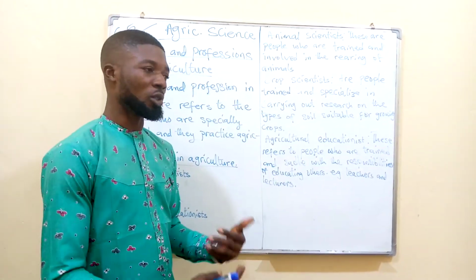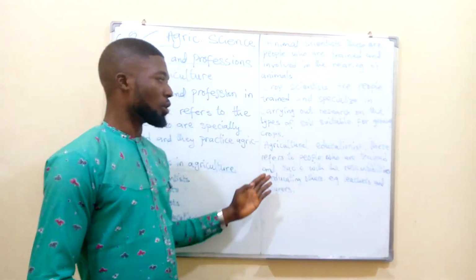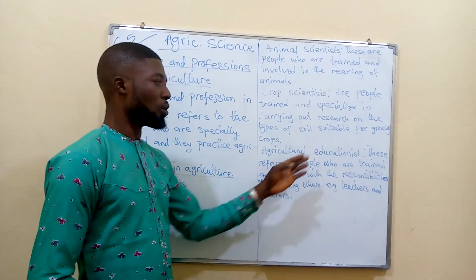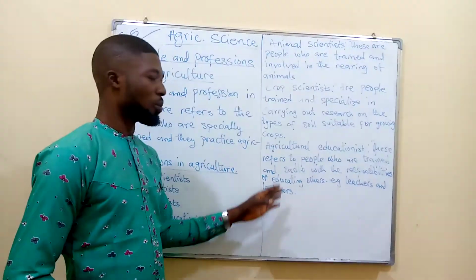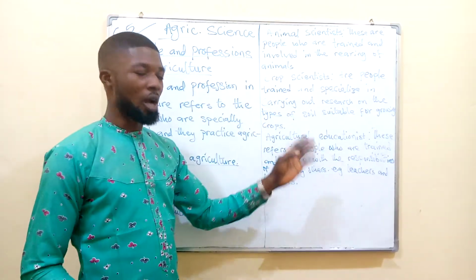For example, Mr. Joseph here is an agricultural educationist, because I am here to teach you the processes involved in your agricultural activities.